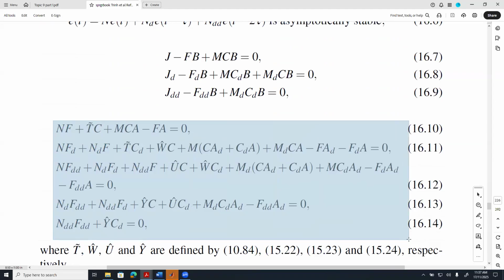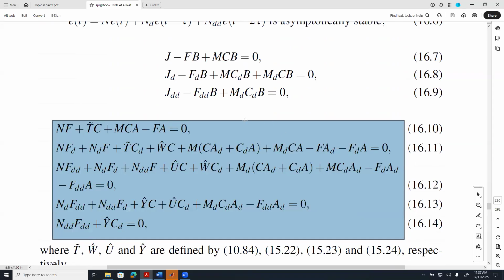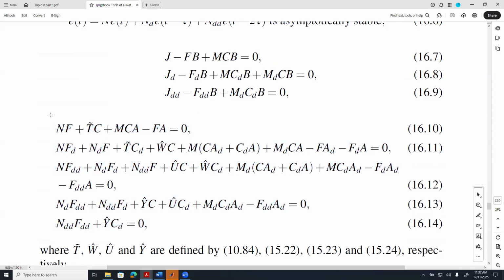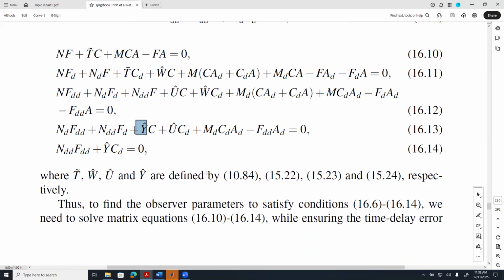Now we have actually up to 5 coupled matrix equations. Out of these matrix equations, we need to solve for matrix N, ND, NDD, T tilde, W hat, U hat, and Y hat. And so these are all defined in our book.